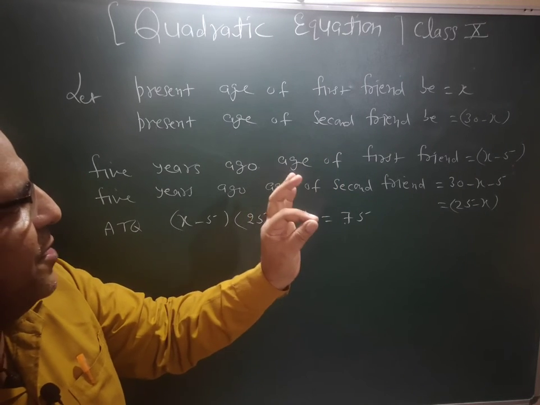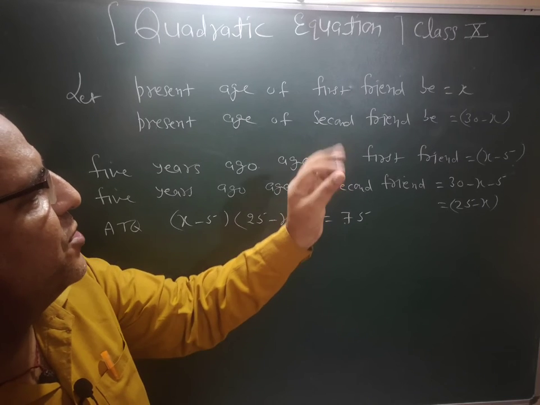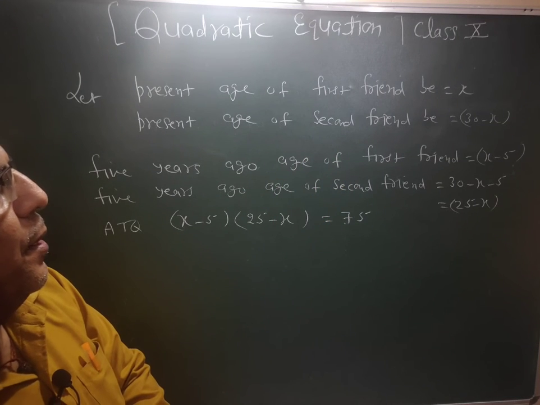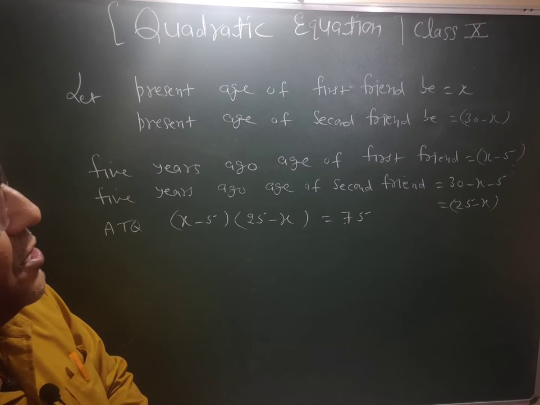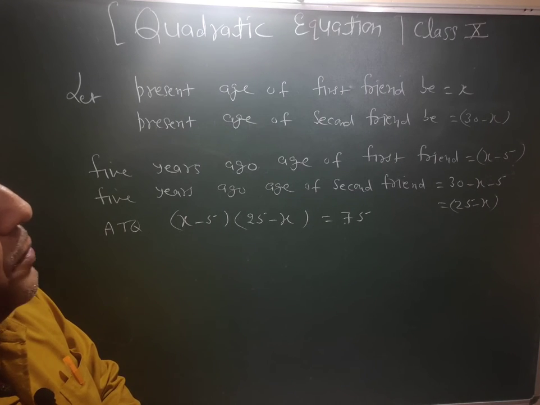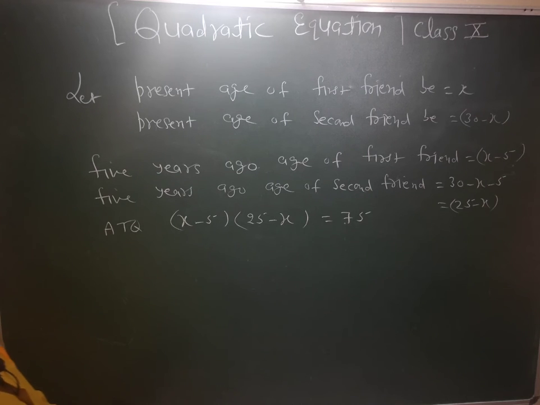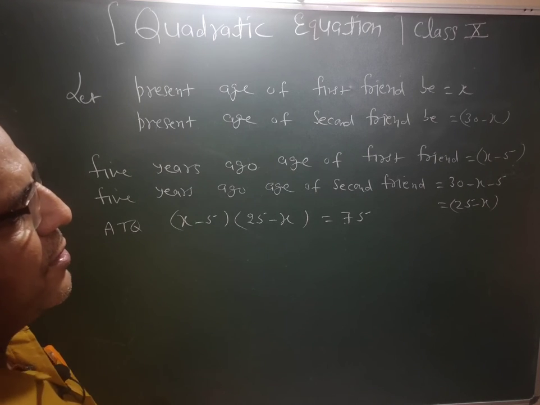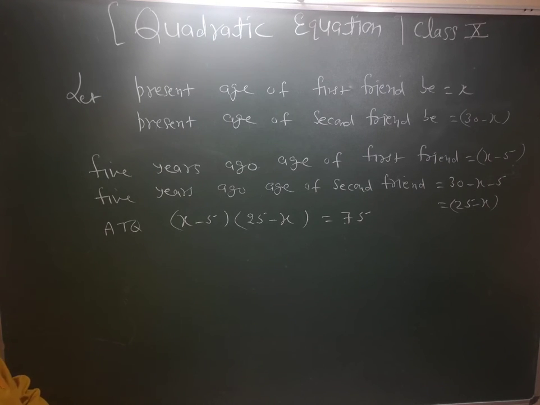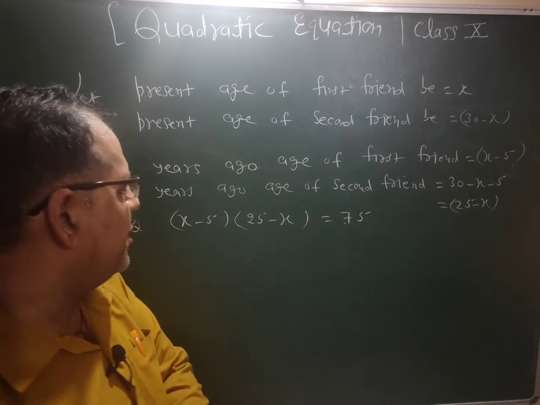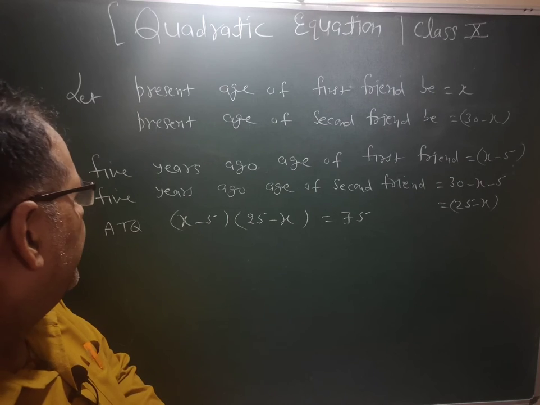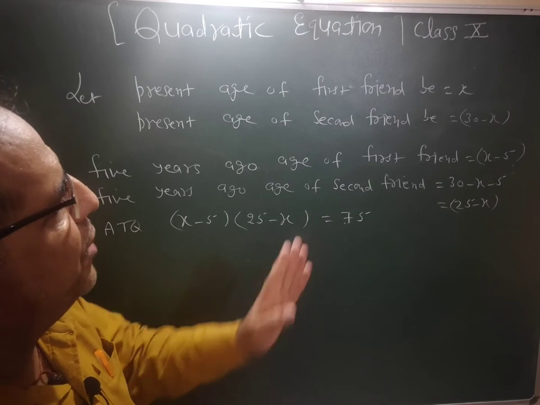The sum of the ages of two friends is 30 years. 5 years ago the product of their ages was 75. So find the quadratic equation by using which we can find the present age of both the friends.